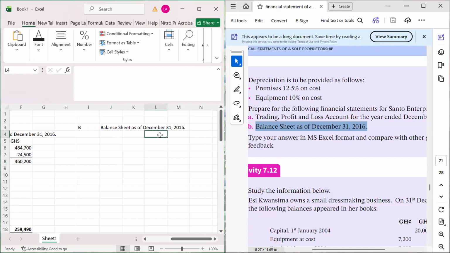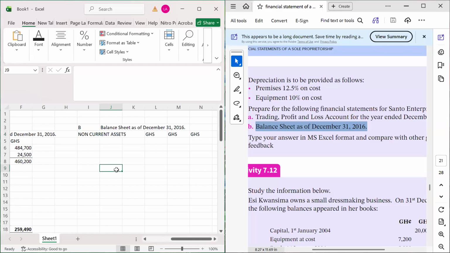Okay. Now, the balance sheet, we also create, for the asset side, 3 columns for it. Non-current assets, we call it non-current assets. Non-current assets are also called fixed assets.